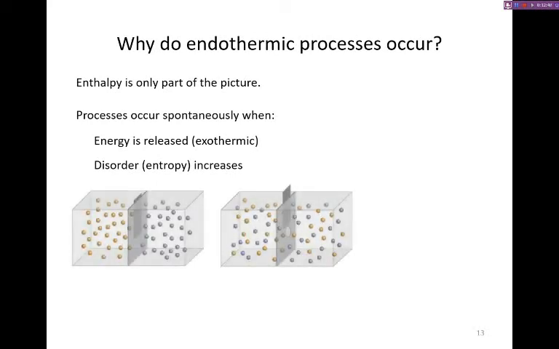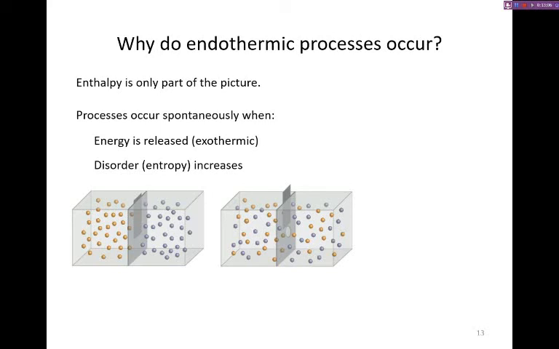So we've talked already about gases, and if we talk about two gases that are diffusing together, then initially there is higher order because they're uniform throughout.